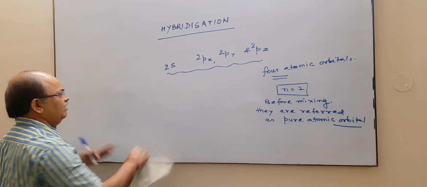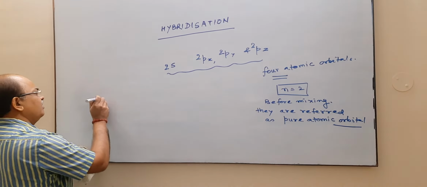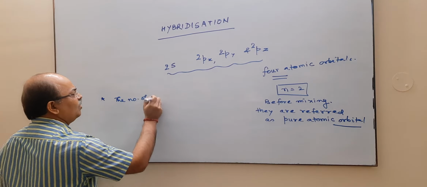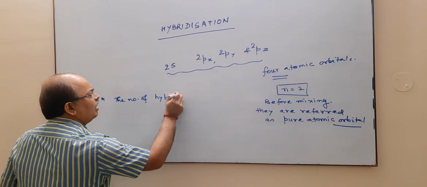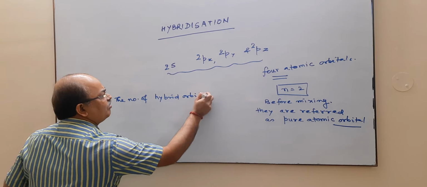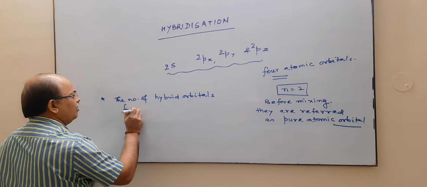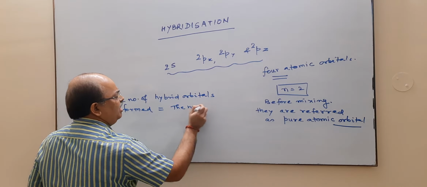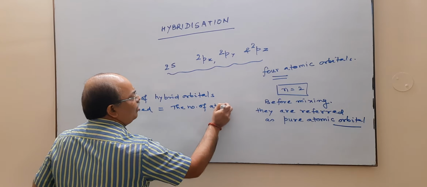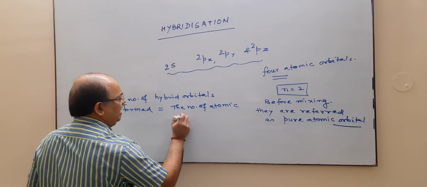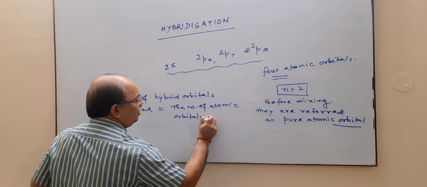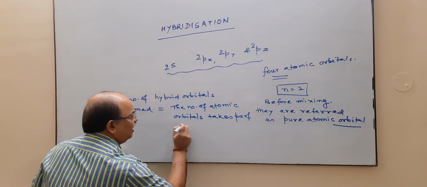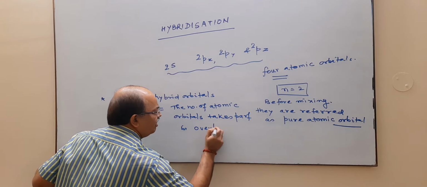The salient feature is, the number of hybrid orbitals formed is equal to the number of atomic orbitals that take part in overlapping.